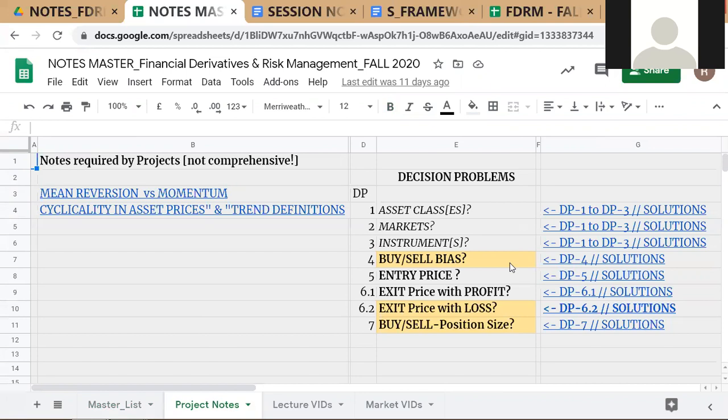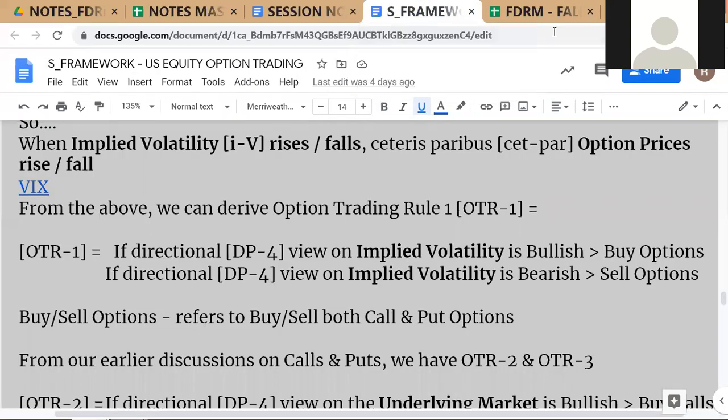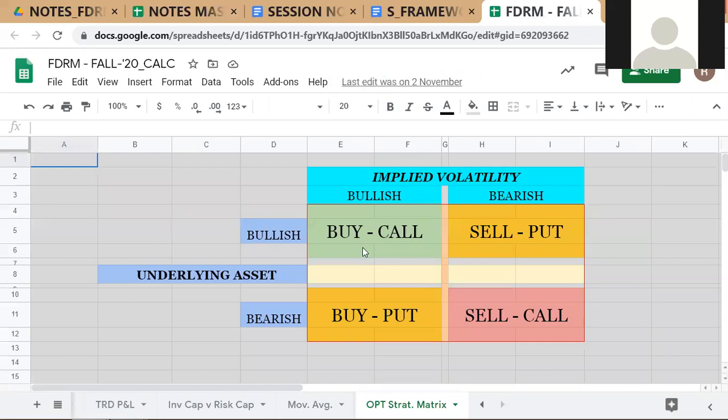But when you come to options, you have the most complicated set of sub-decision problems under this. Not only do you need to decide the buy-sell bias, that means when you're trading options, you need to decide whether you're a buyer or seller of options. That's one. You also need to decide whether you're going to be a buyer of calls or puts.